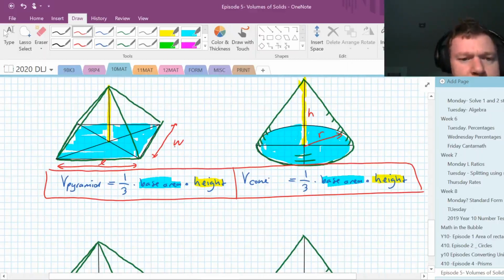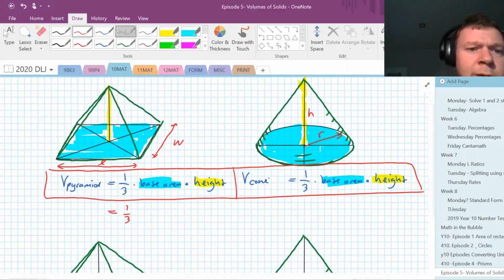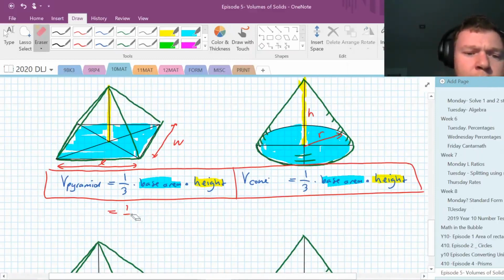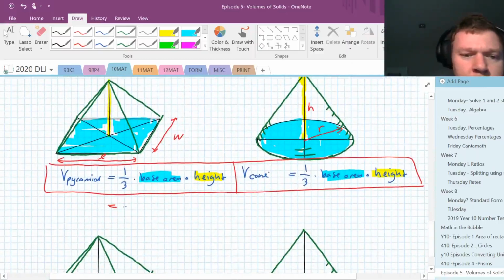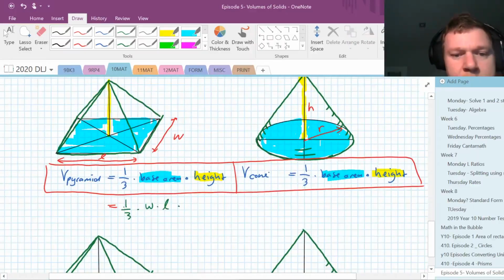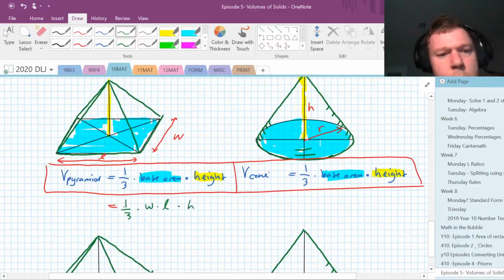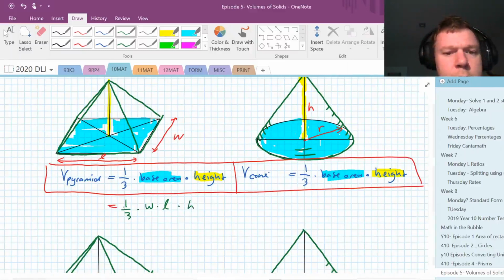So really you can rewrite the pyramid formula as 1/3 times width times length times height. So that's pretty easy.